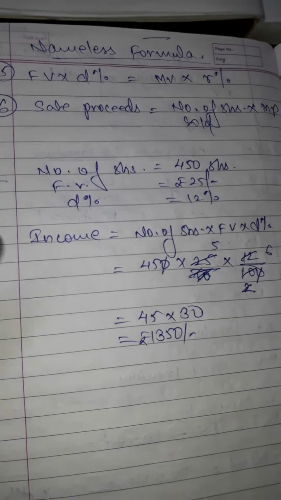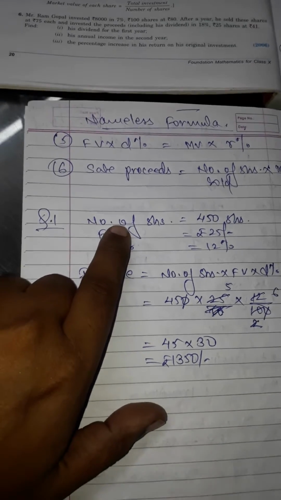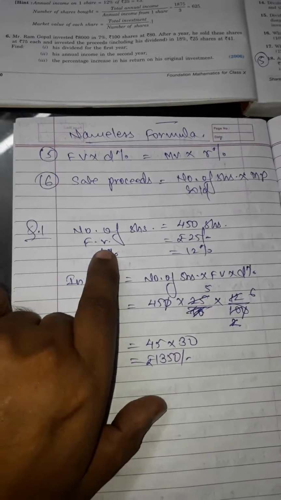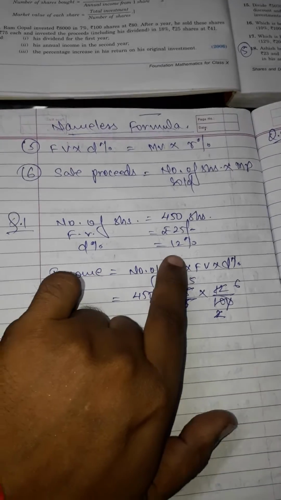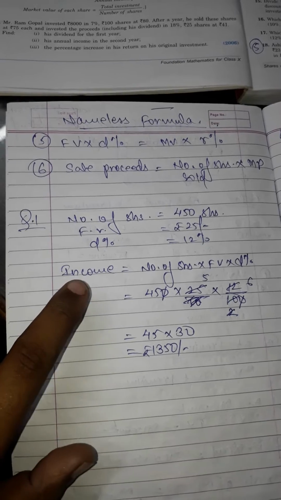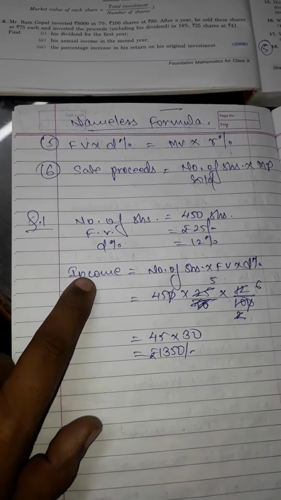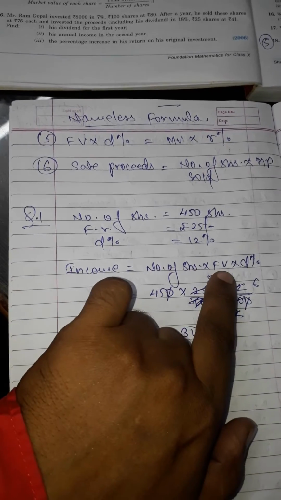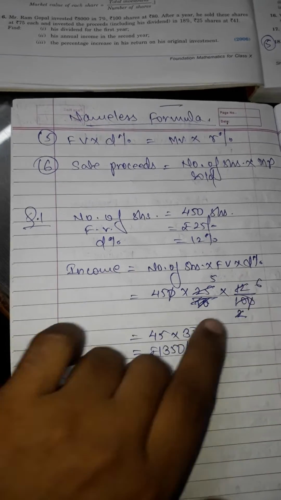Now solution for this. Annual dividend or income is equal to number of shares into face value into D percent.